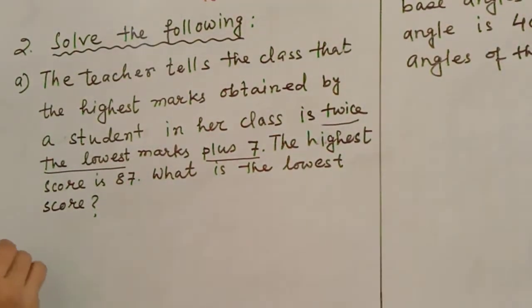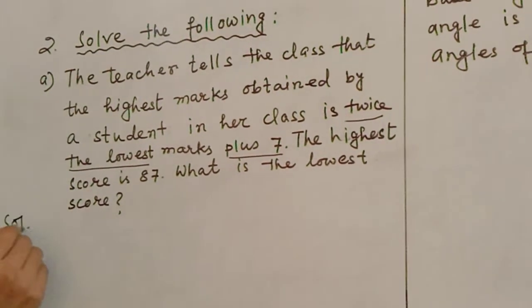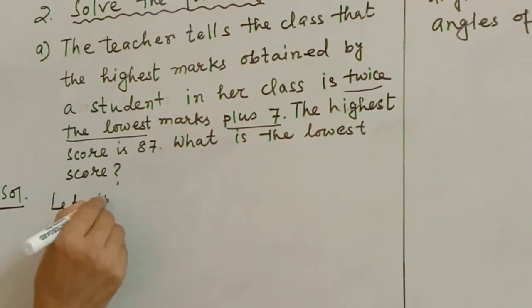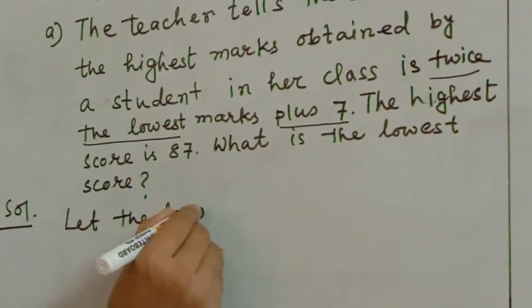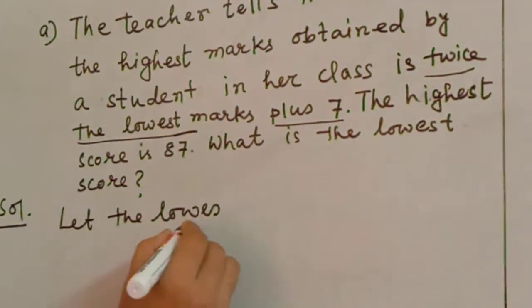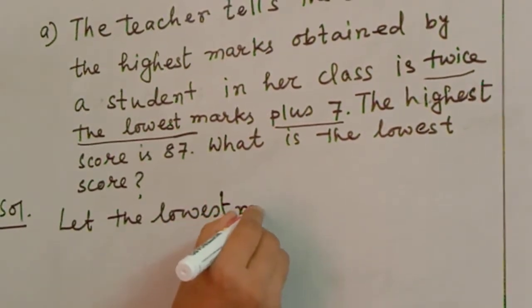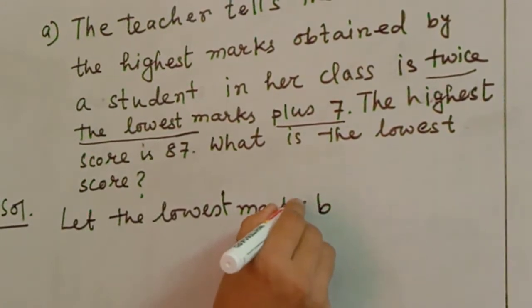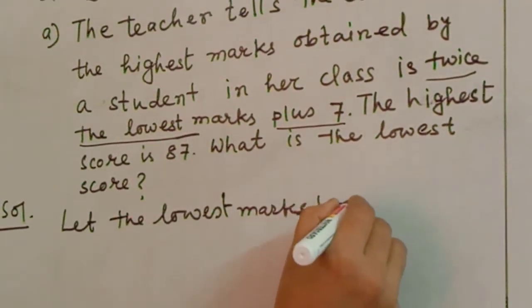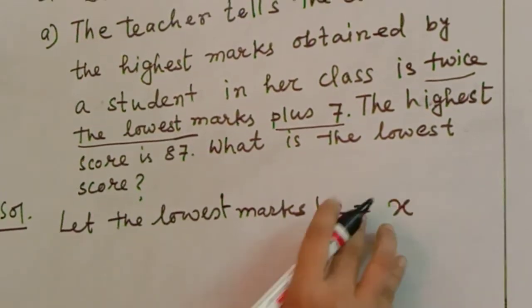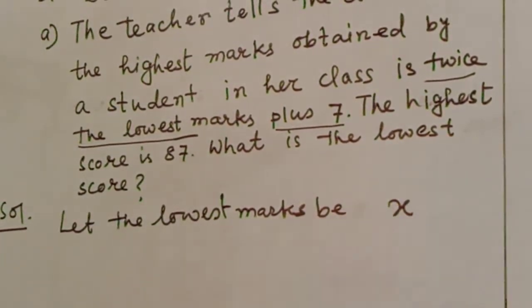Now let the solution of this sum, let the lowest marks, we have to take the variable for the lowest marks. Let the lowest marks be x.